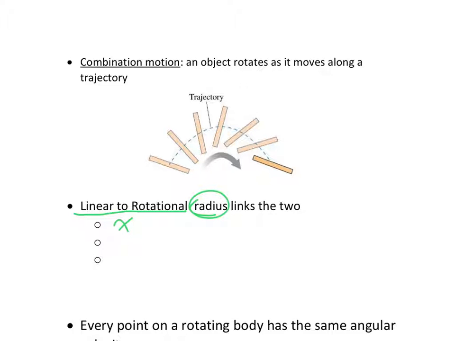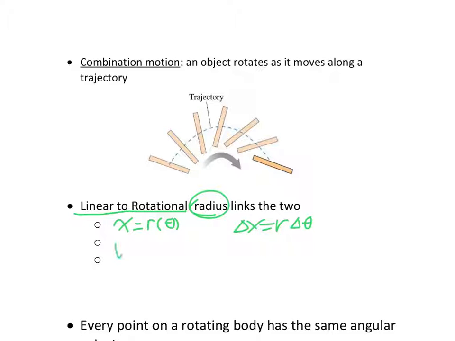To go from distance linearly to theta, you're going to take the radius times theta. You can do the same thing with displacement. So delta x equals the radius times the angular displacement.